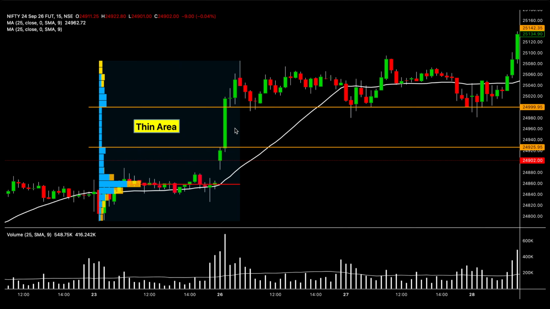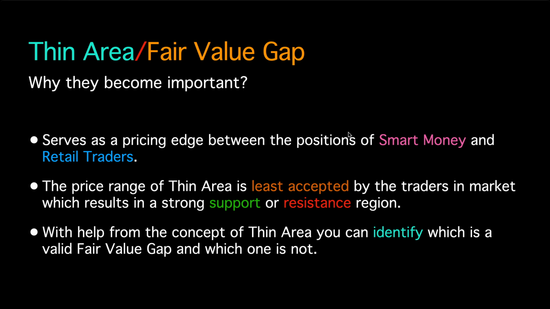So you can say that the institutional players or the smart money traders have this price region as the least accepted price region. So at any cost, when the price comes to this region, they will take the price to higher price points, and this region will act as a strong support and resistance zone.